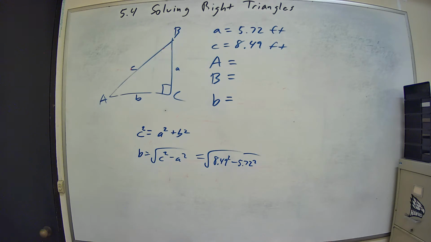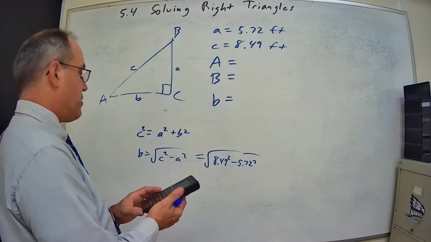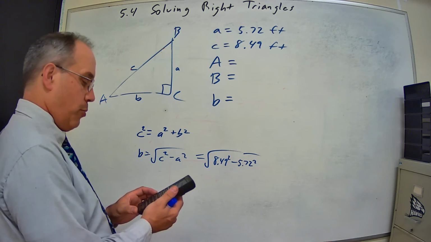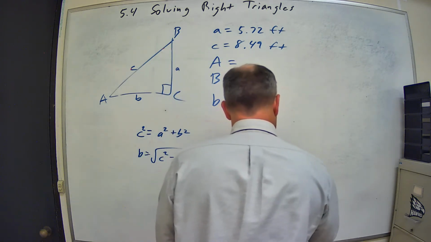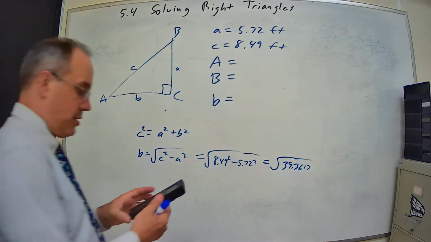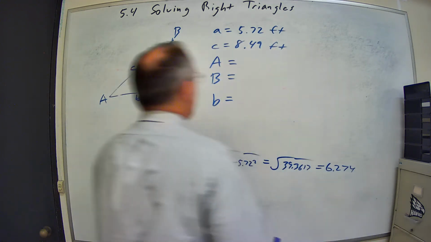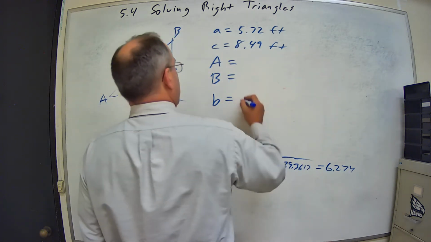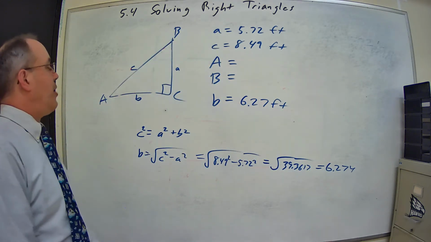Grab my calculator. 8.49 squared is 72.0801. 5.72 squared is 32.7184. When we subtract, we end up with 39.3617. Take the square root of that, and we get 6.274. Our sides are measured to the nearest hundredth, so 6.27 is B.